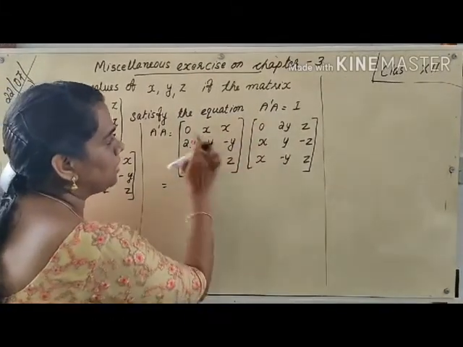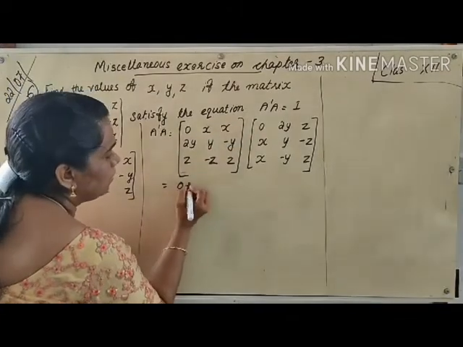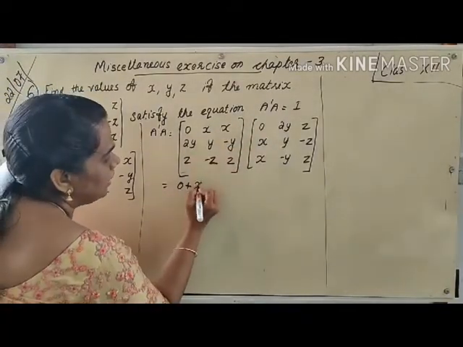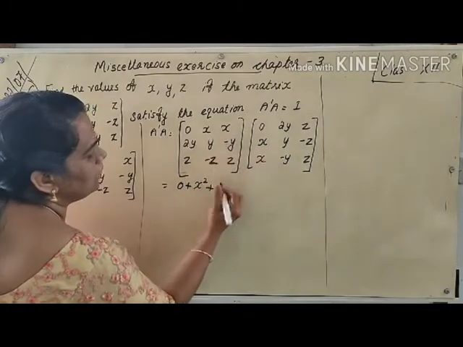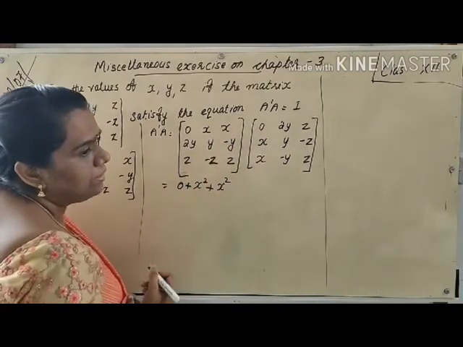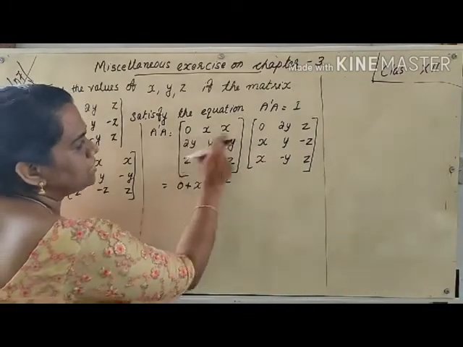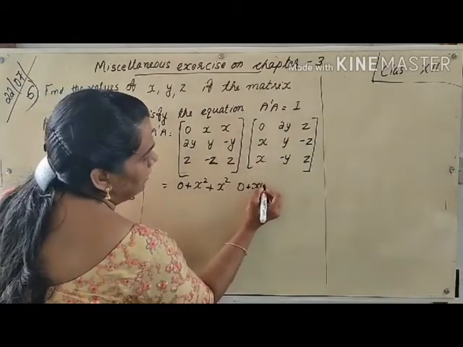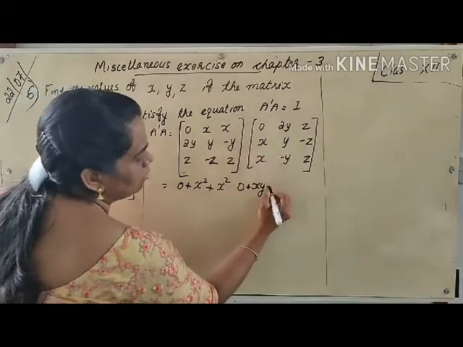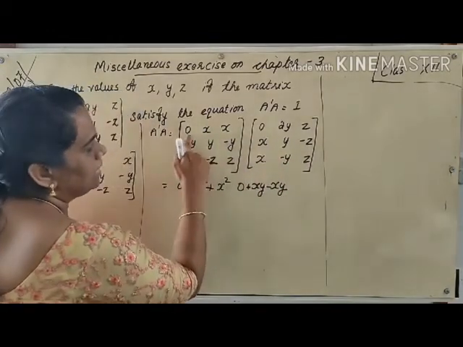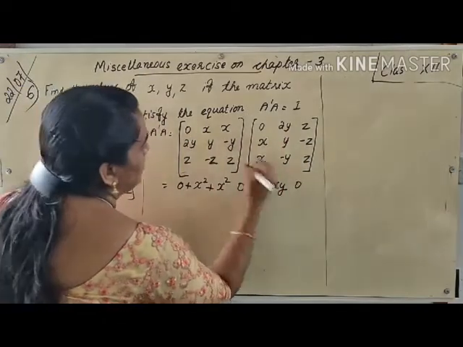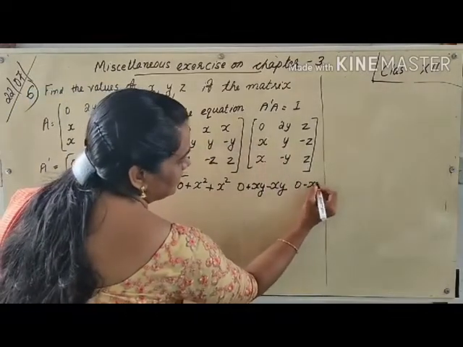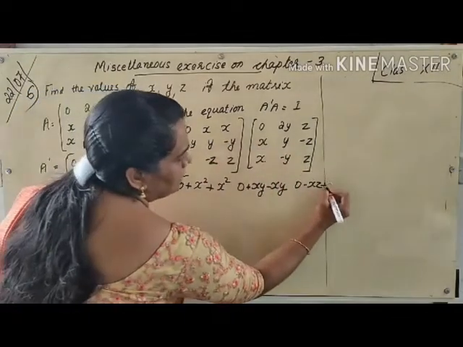Row column operation. 0 into 0, 0 plus x into x, x square, plus x into x, x square. Clear? Okay. The next element is 0 into y, 0, x into y plus xy, then x into minus y, minus xy. Next is 0 into z, 0, minus xz, then x into z plus xz.